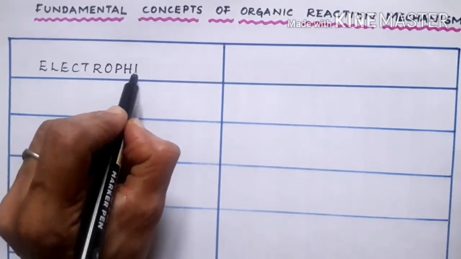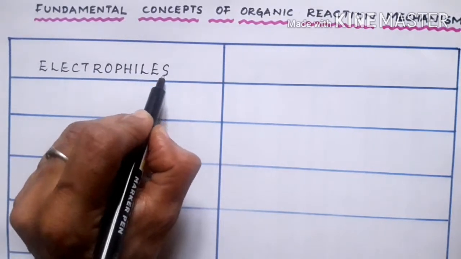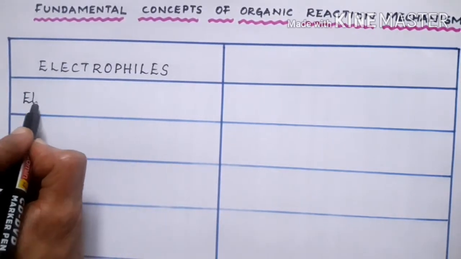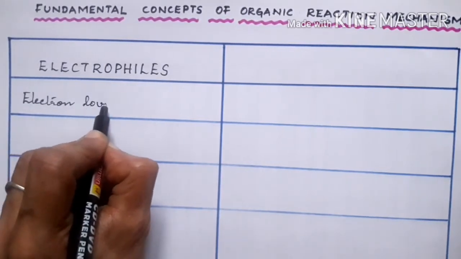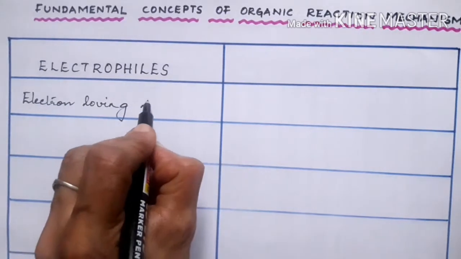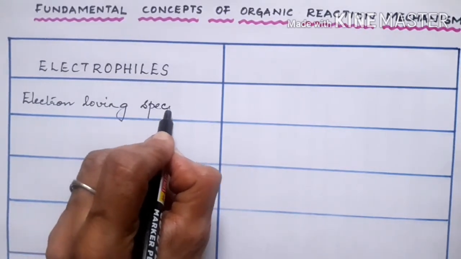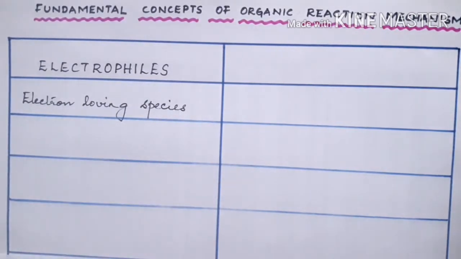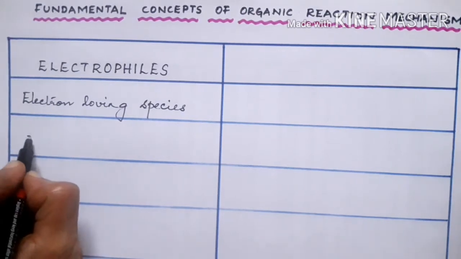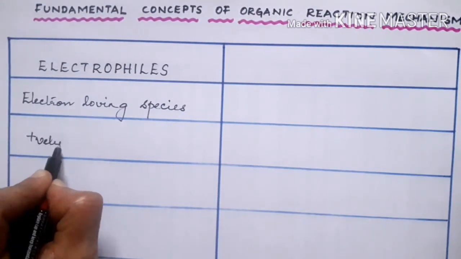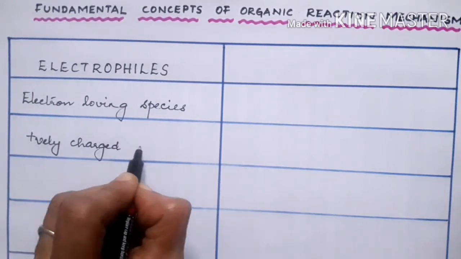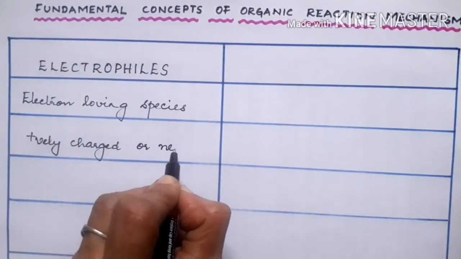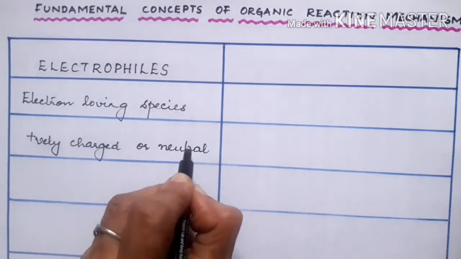Electrophiles are electron loving species. They may be either positively charged or neutral species.